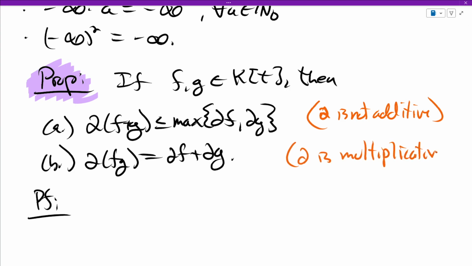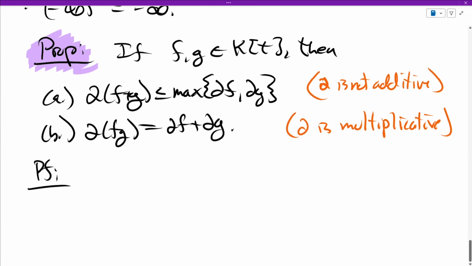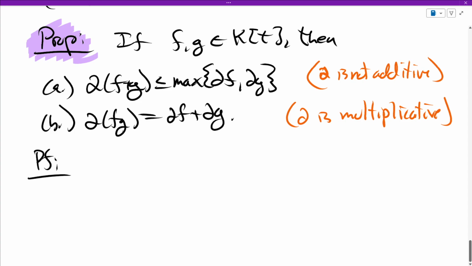I prefer to use the word multiplicative. But it's kind of like the log. It takes multiplication to addition. So the degree takes multiplication to addition. It does not break up under addition though, and it does not break up under multiplication. And this is something that we kind of know already from doing years and years of polynomial arithmetic, but it's worth saying that. So let's start with A.